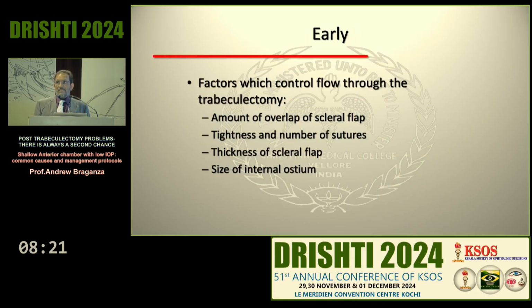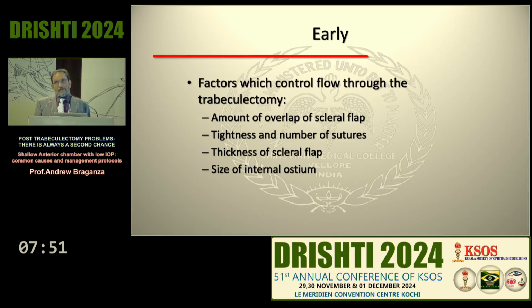We need to consider what are the factors which actually control the flow through the trab. The most important is the amount of scleral overlap. When you have created your superficial scleral flap, how much does it overlap the ostium that you have created under the flap? Next would be the tightness and the number of sutures, because that affects what resistance the aqueous has to flow against.